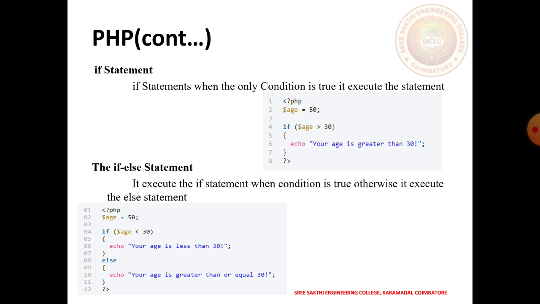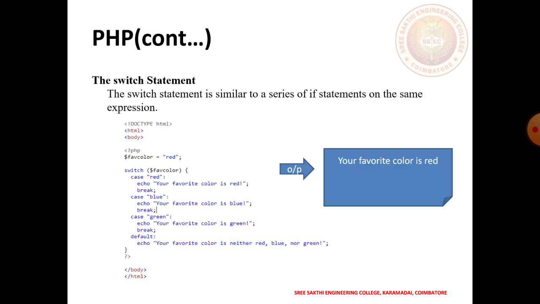When age equals 50, since 50 is greater than 30, it executes the if statement and displays the output: your age is greater than 30. When the if statement fails, for example 50 less than 30, it executes the else statement and displays the output: your age is greater than or equal to 30.